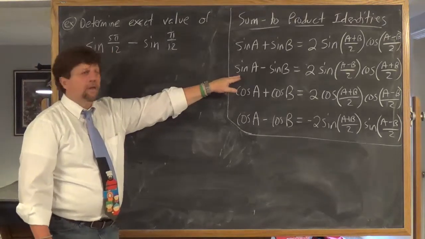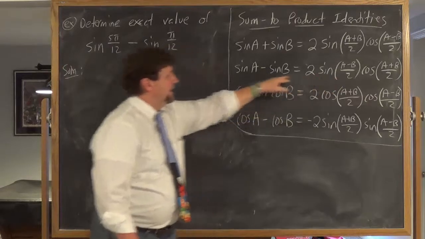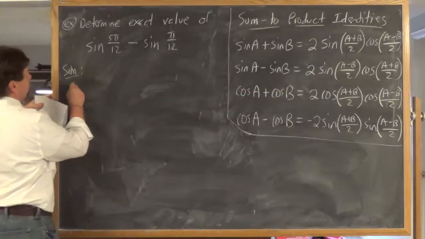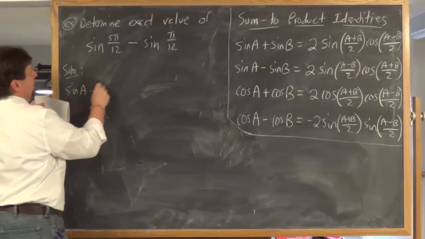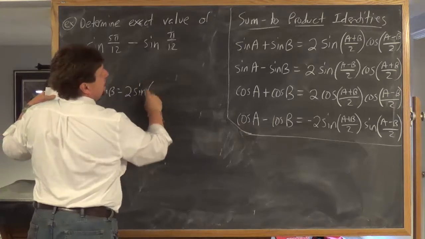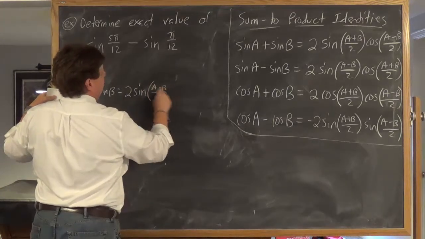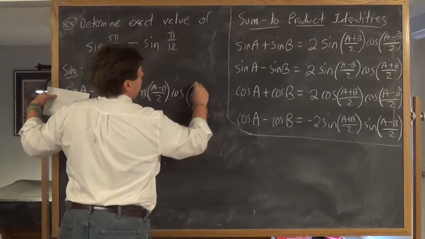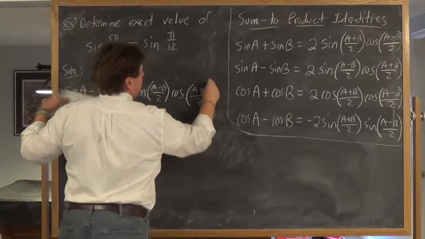It's this one. So this is the identity that I'm going to use. So let me write it down. I'm going to use sine A minus sine B equals 2 times the sine of A minus B over 2 times the cosine of A plus B over 2.